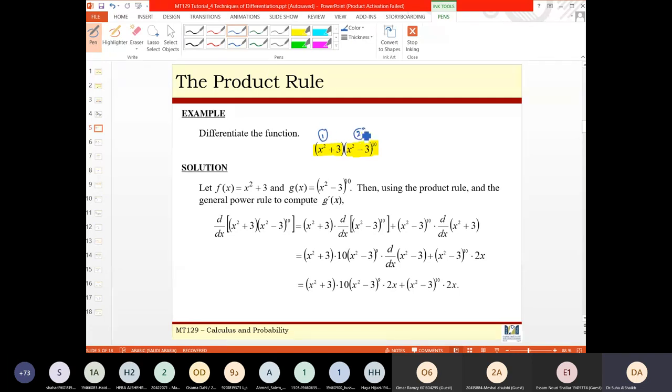So the derivative is: this time we differentiate the first and the second as it is, plus the derivative of the second times the first as it is. So this is what they did here.